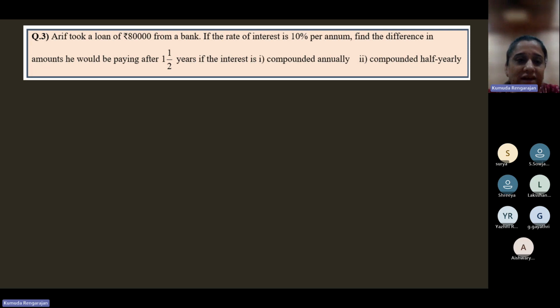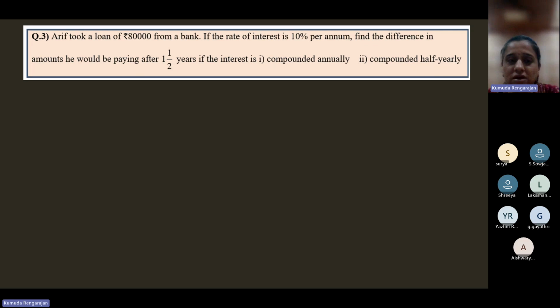So this person takes 80,000 rupees loan from a bank and he wishes to return it after 1.5 years. So when he returns, he'll return the principal value of 80,000, along with the interest, which is charged at 10% per annum. Principal value 80,000, rate of interest 10%, time 1.5 years.